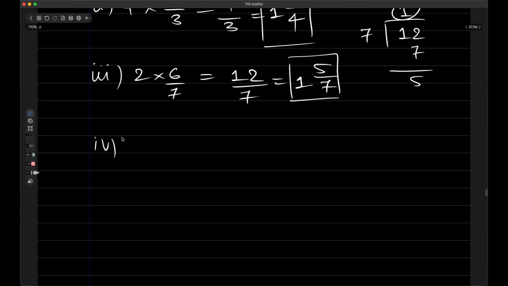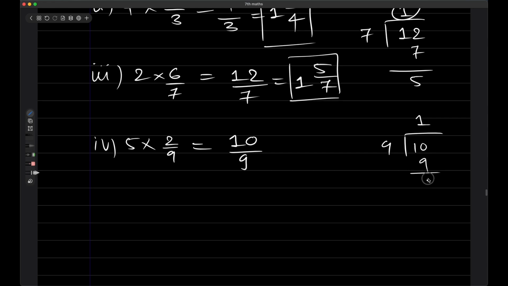For fourth one, 5 into 2 by 9, that is equal to 10 by 9, and if we convert into a mixed fraction 10 divided by 9, 9 1s are 9 and 1 remainder, that is 1 complete, 1 by 9.